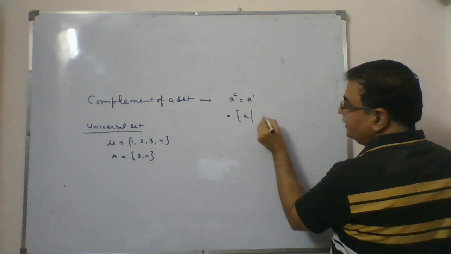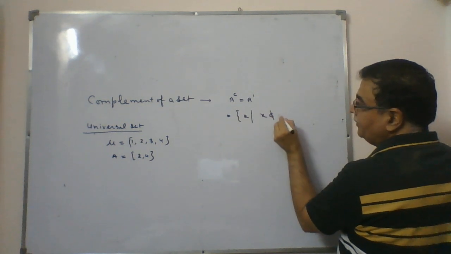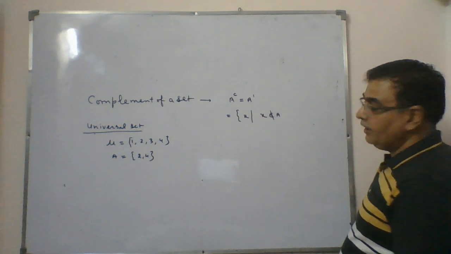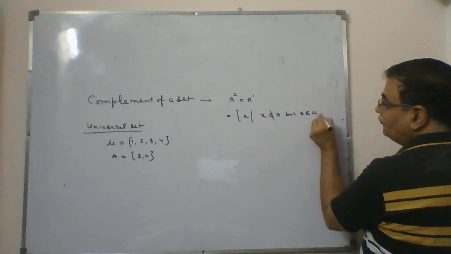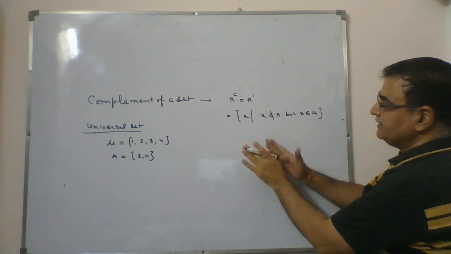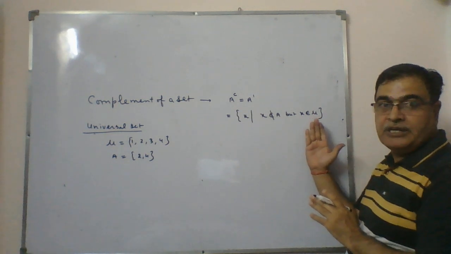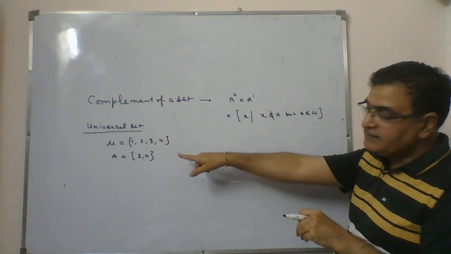X, where X is not an element of A, but X must be an element of the universal set. Or I should say X where X is not an element of A but in the universal set, meaning from the universal set you should remove that set A.